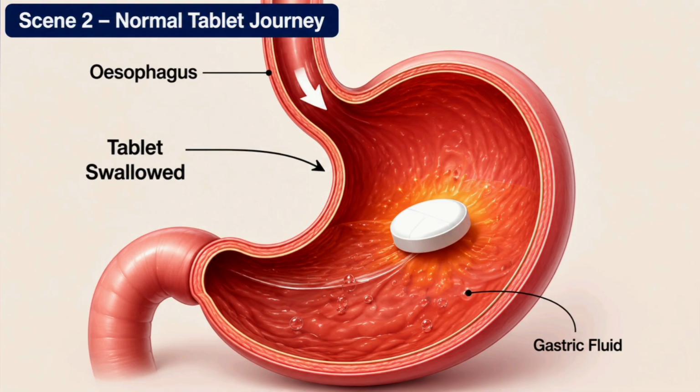Students, imagine a railway station here. The tablet enters the stomach station, but it does not always stay there for a longer time. The stomach may say, your time is over, next station, intestine. So this becomes a problem for some drugs. Why? Because certain drugs need more time in the stomach or upper gastrointestinal tract for effective absorption here.